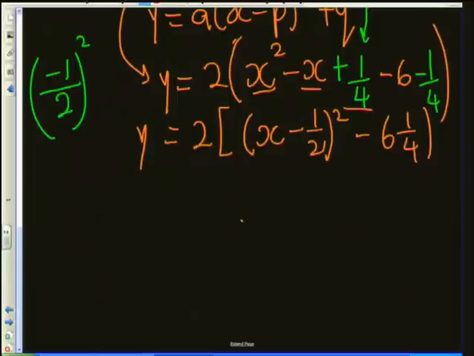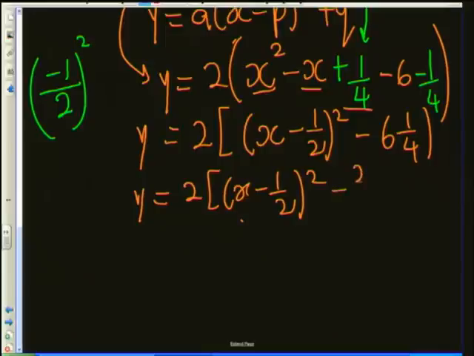So this means that I've got y is equal to 2 in a big bracket, x minus a half squared, and that is minus 25 over 4, close bracket, and I can now multiply the 2, which is my a.